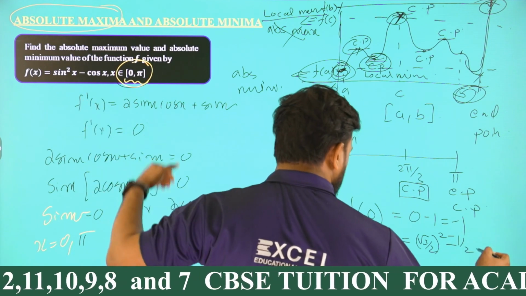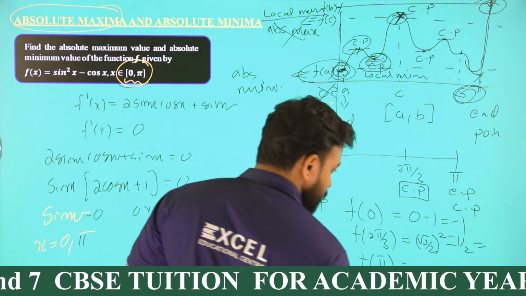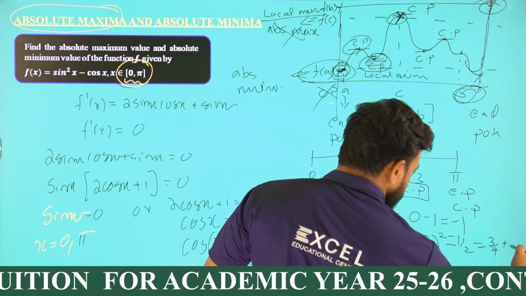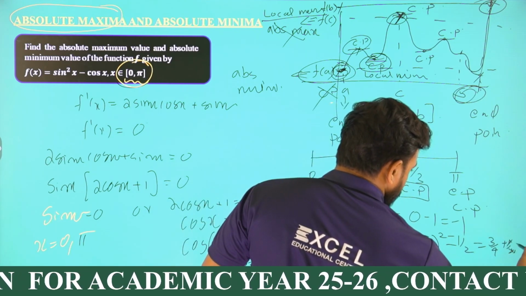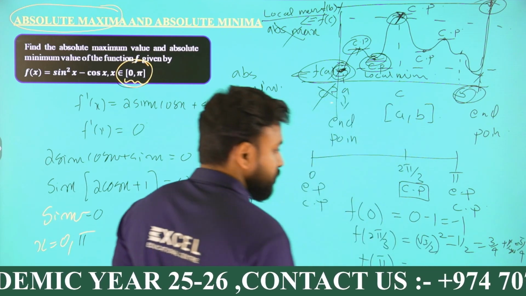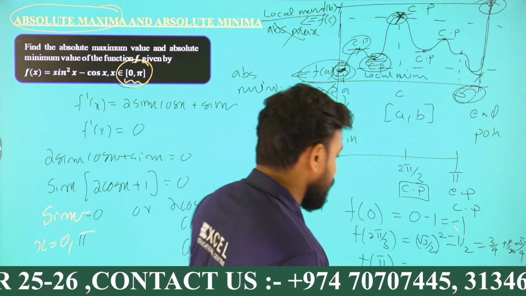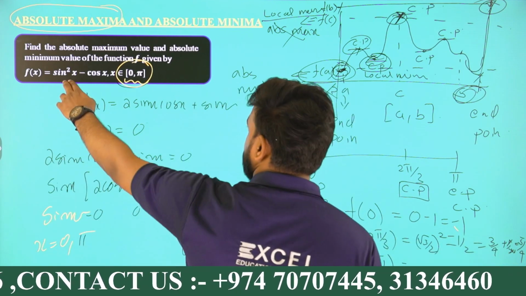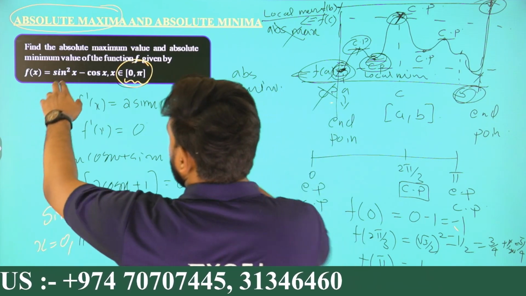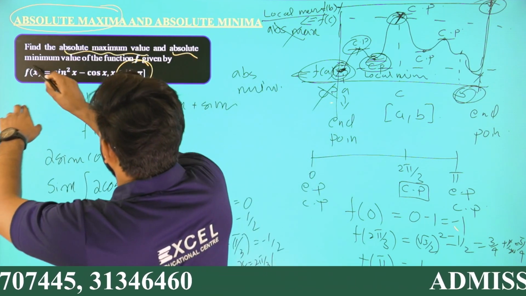So we get 3 by 4 plus 1 by 2, which is 5 by 4. Yeah, it's bigger than the first one. And the last one, when you put pi, sin pi is 0, cos pi is minus 1, you will get 1. So you need the absolute maximum value and absolute minimum value.